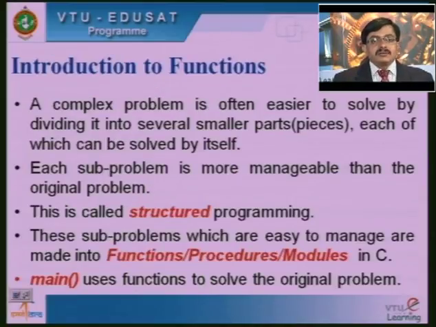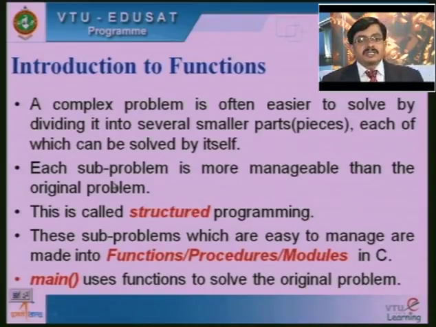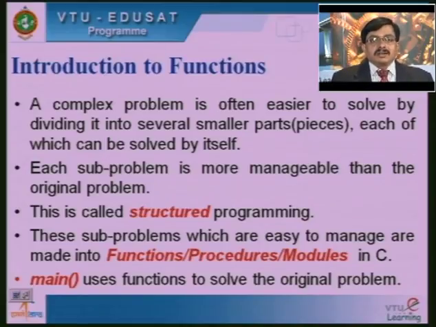Coming to functions, a complex problem is often easier to solve by dividing it into several smaller parts, each of which can be solved by itself. When we are given a complex problem, solving it in one shot is very difficult.